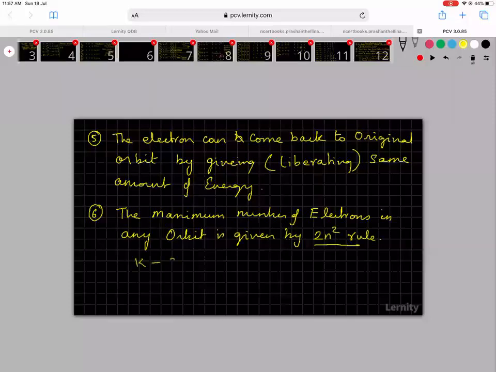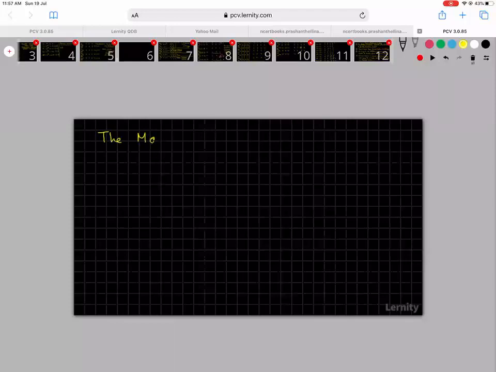So K shell will have 2, L shell will have 8, M shell will have 18, N shell will have 32, O will have 50, and so on. This is the maximum number. Maximum number doesn't mean so many are sitting.